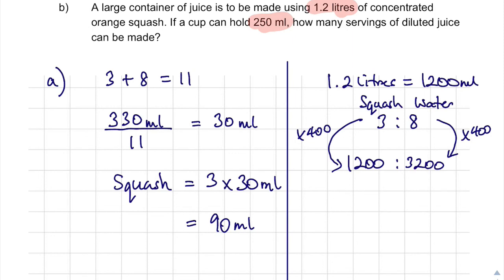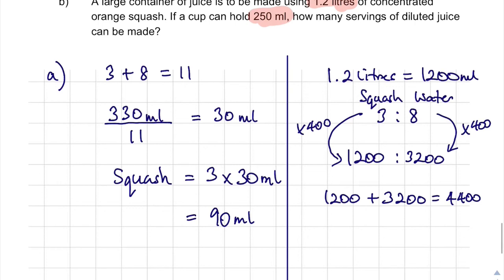Well, how much is that in total? So 1200 plus the 3,200 is 4,400. So that's what I've got in total. Now what I need to do is to divide that by 250.